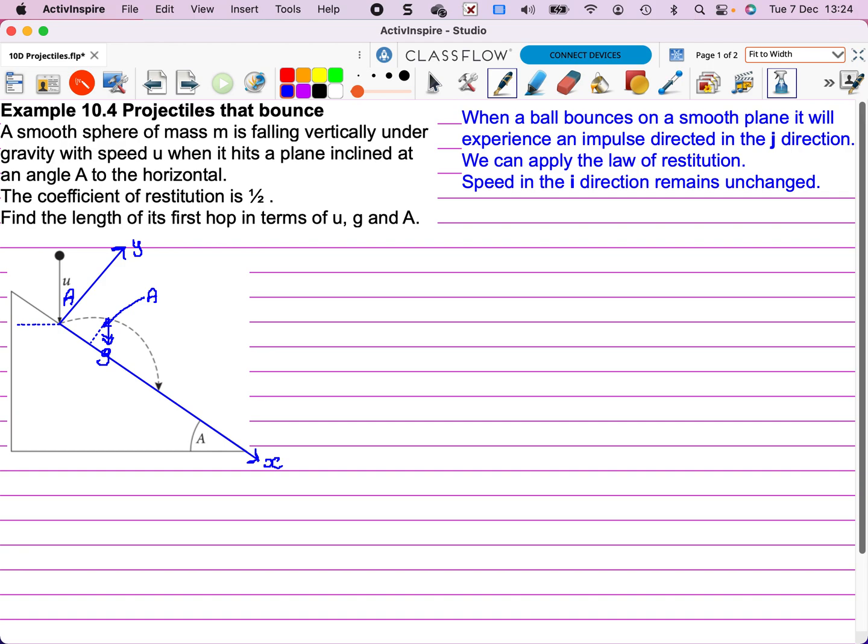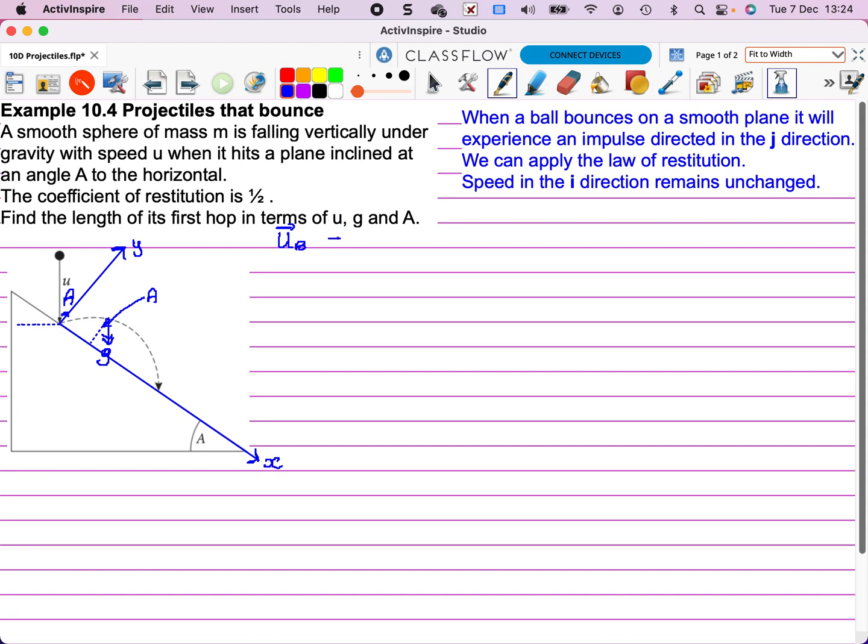And you have to read the question carefully because the question quite clearly says that the speed as it hits the plane is u. So the speed before impact, and we're going to do some resolving now, we're going to be resolving through the angle.